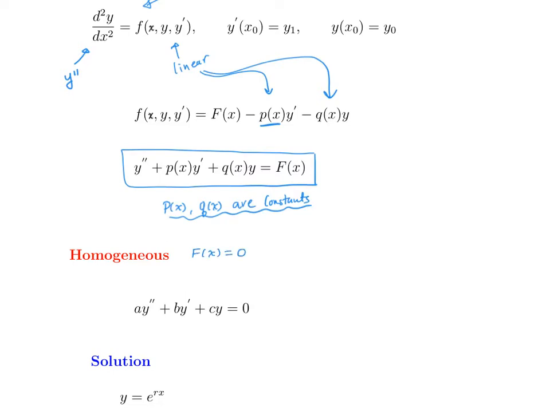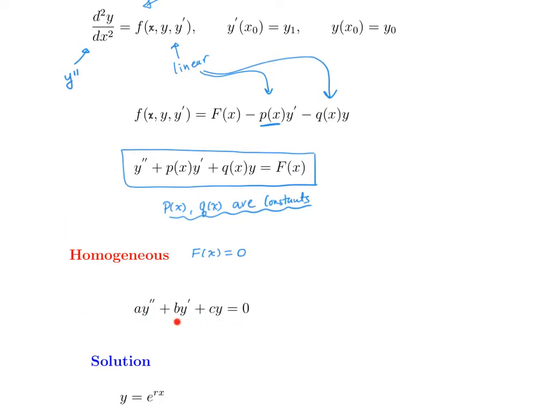So this is what homogeneous means. Homogeneous will mean that this is equal to 0. So in 8.2, we're gonna see how we solve these equations where this is equal to 0, which you will see is actually pretty easy. Then in 8.3, we're gonna solve this when this is not 0, and that's gonna make problems a little more tricky. So the general form, if we assume that these are constants, is gonna look like this.